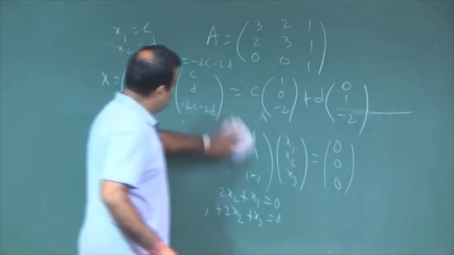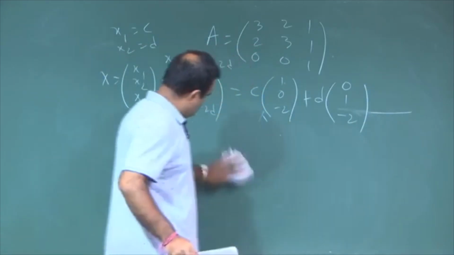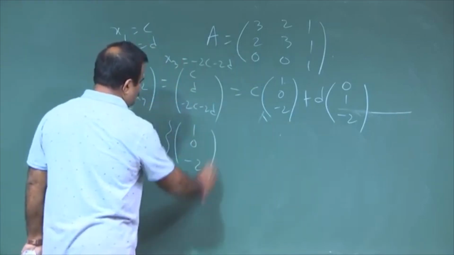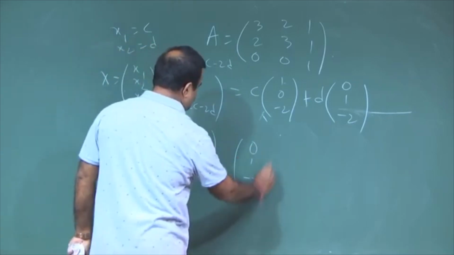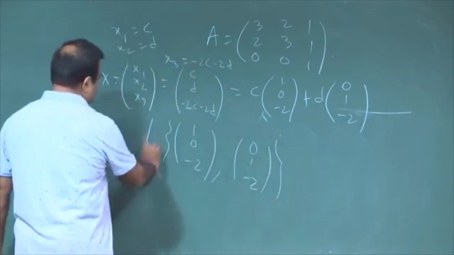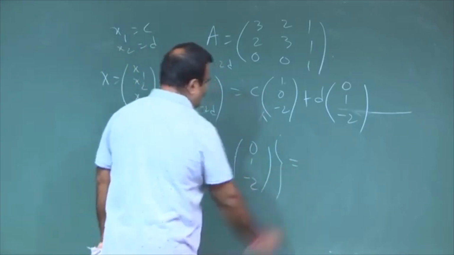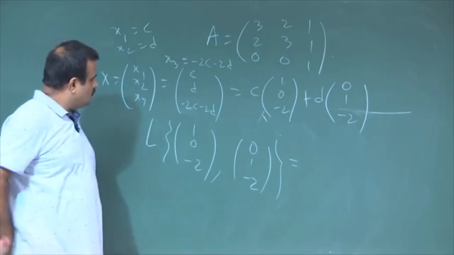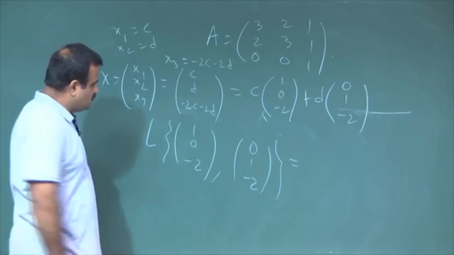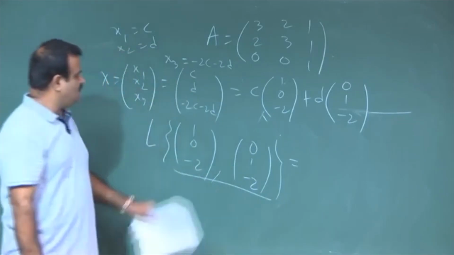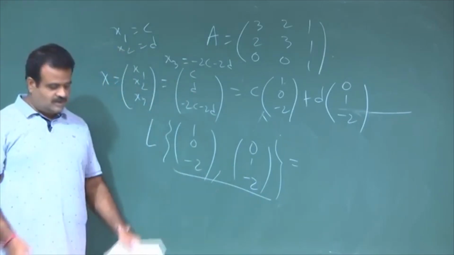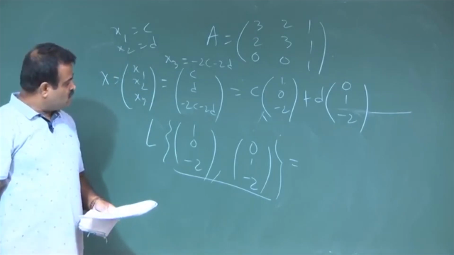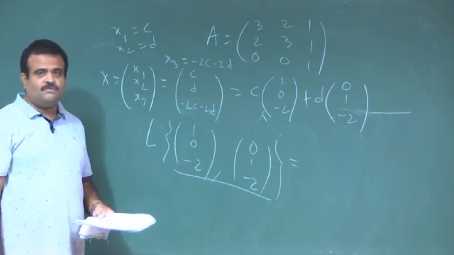These two vectors, 1, 0, minus 2 and 0, 1, minus 2, are linearly independent. The linear span of these is the set of eigenvectors for this eigenvalue. So, the geometric multiplicity of this eigenvalue is 2, since these are linearly independent vectors.